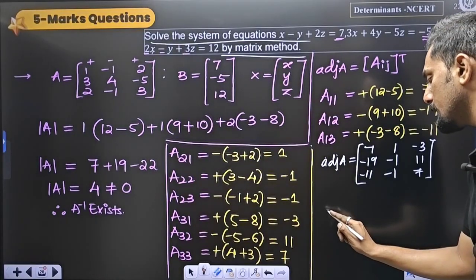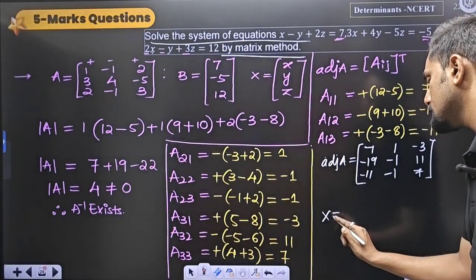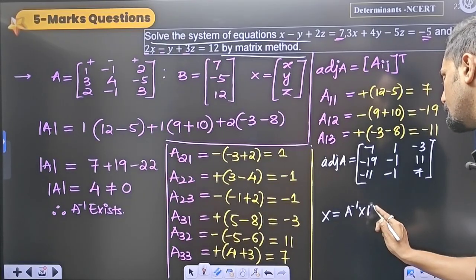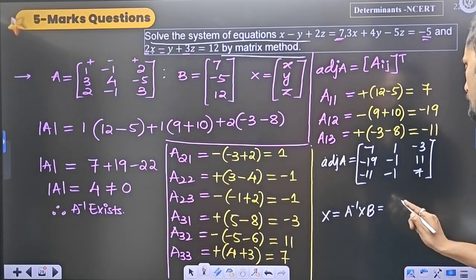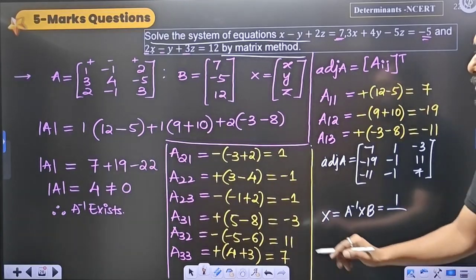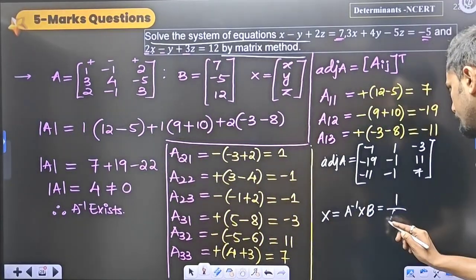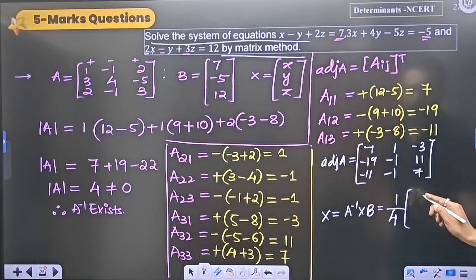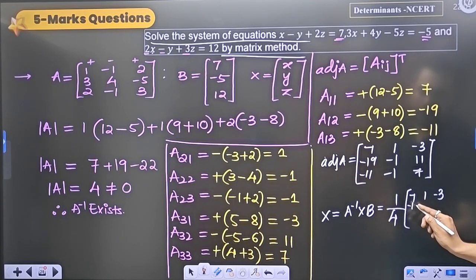What is the last step here? The last step is x is equal to A inverse multiplied by B. How do you find A inverse? 1 divided by det A. What is det A? It is 4. Multiplied with adjoint A, which you have already written here: 7, 1, minus 3, second row minus 19, minus 1, 11 and minus 11, minus 1, 7.